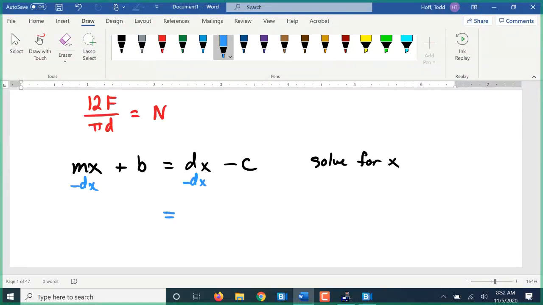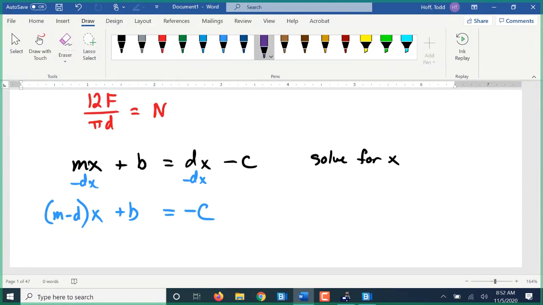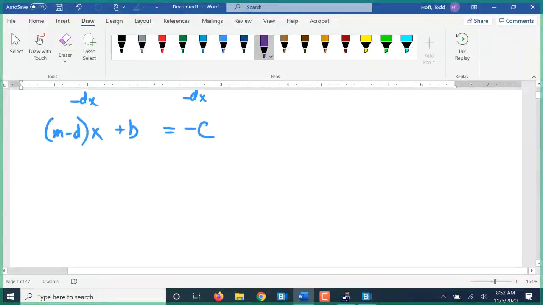Now here's the tricky part. mx minus dx is just m minus d times x. On the right side, we've got the negative c over there yet. Well, now to try to get x by itself, we're going to subtract the b.